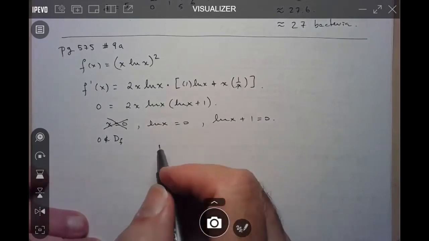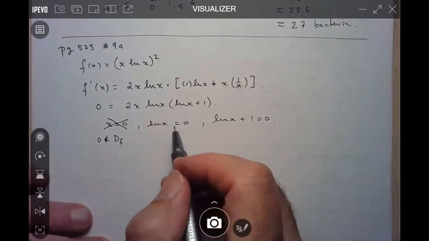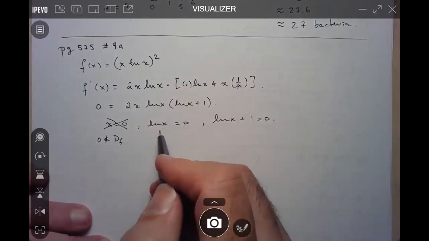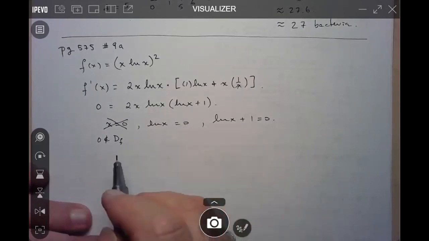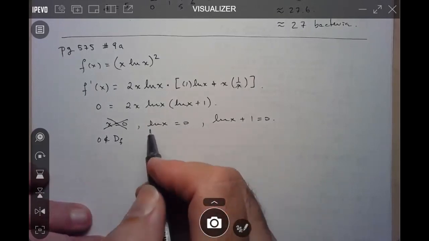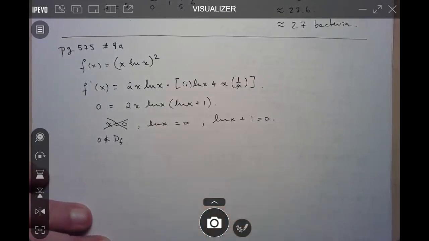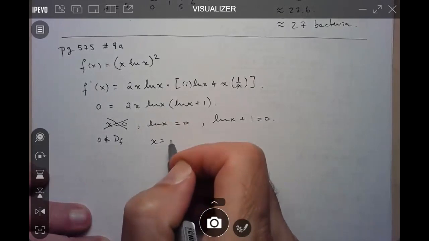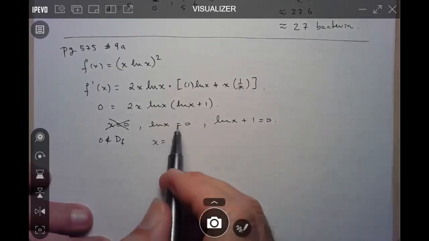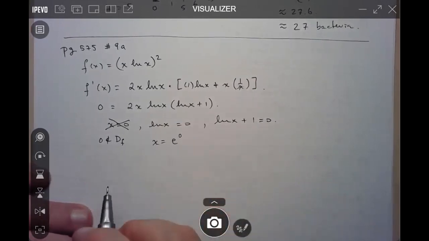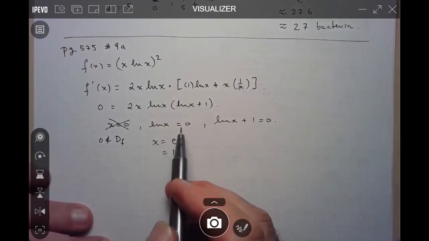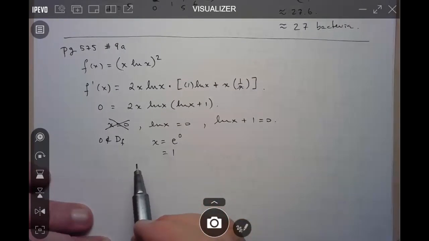Here you could just remember that logarithmic functions are equal to 0 when the input is 1, or if you use inverse functions, x is just going to be equal to e to the 0, because that's the inverse function of ln x, which of course is equal to 1. So whether you just remember this outright or you use inverse functions, you get to the same answer.